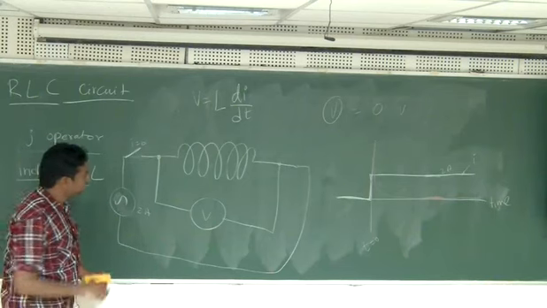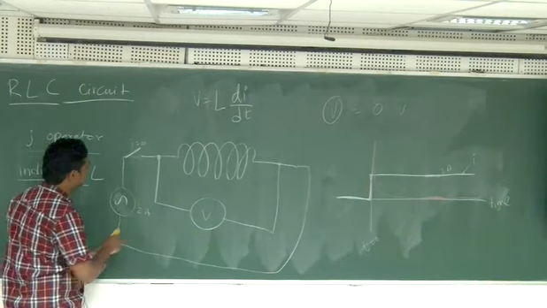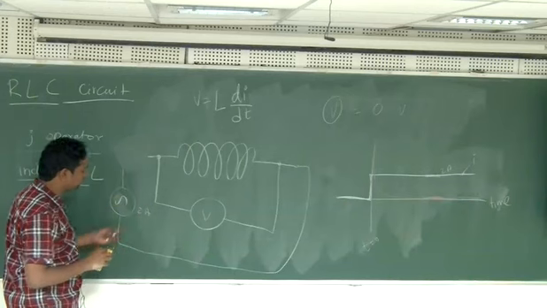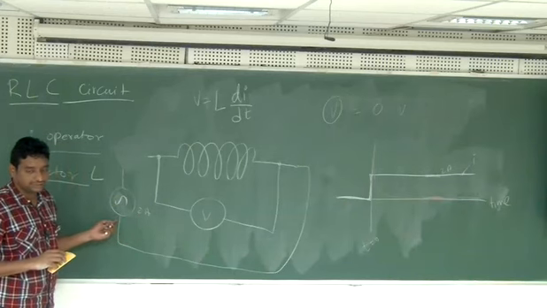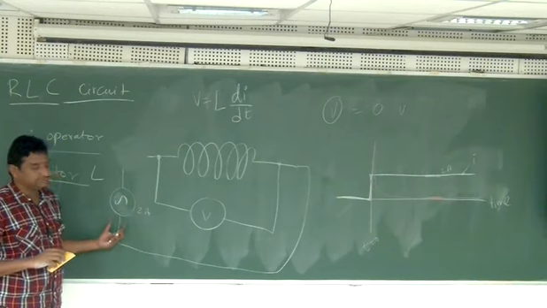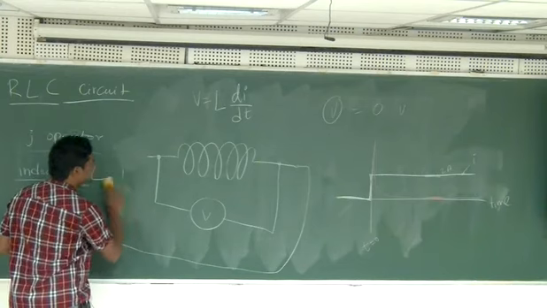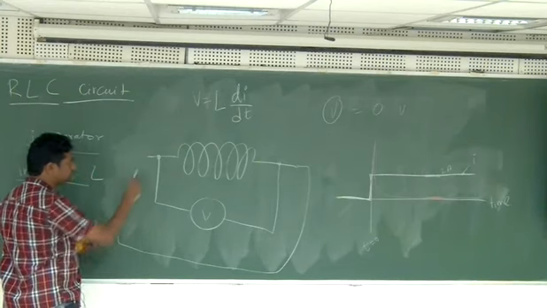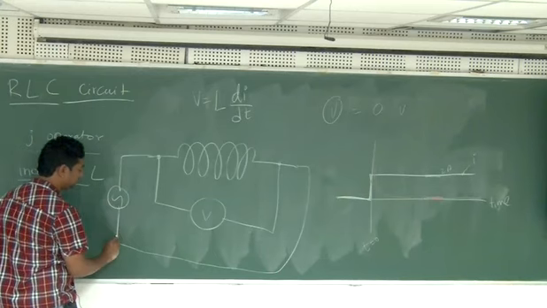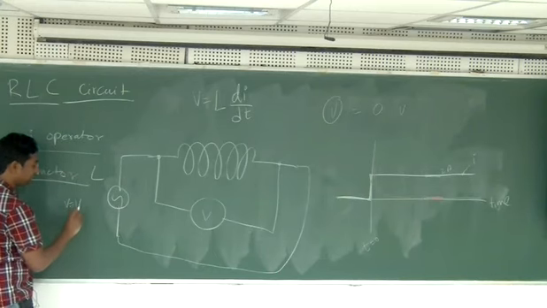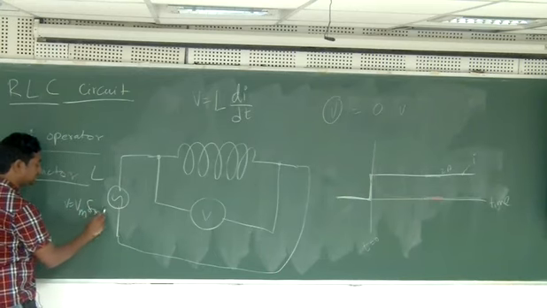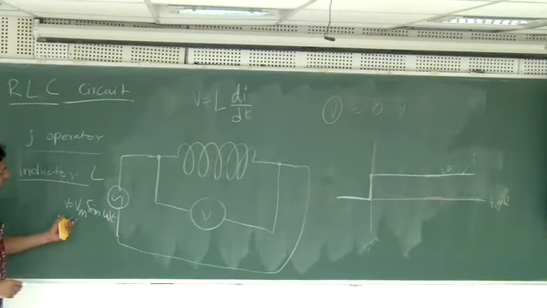But normally current is unknown and voltage is known. So instead of a current source, I'll use a voltage source. So V equal to Vm sine omega t. Some maximum value, some frequency, and some voltage I am applying here.